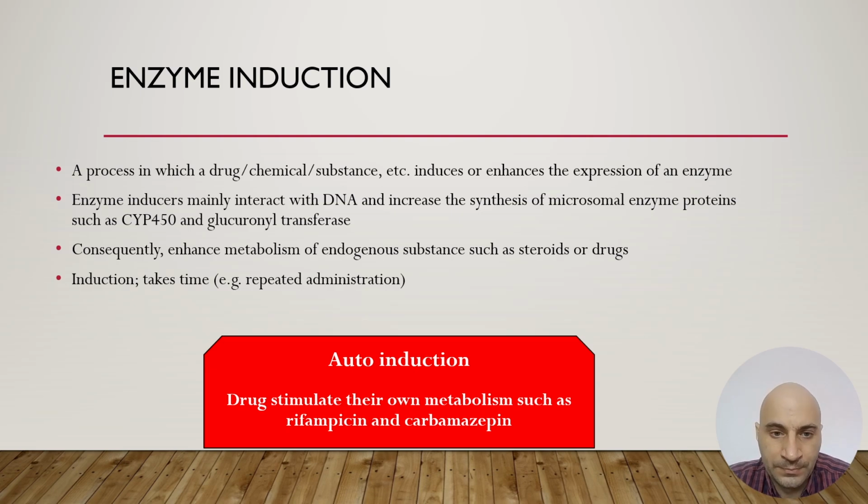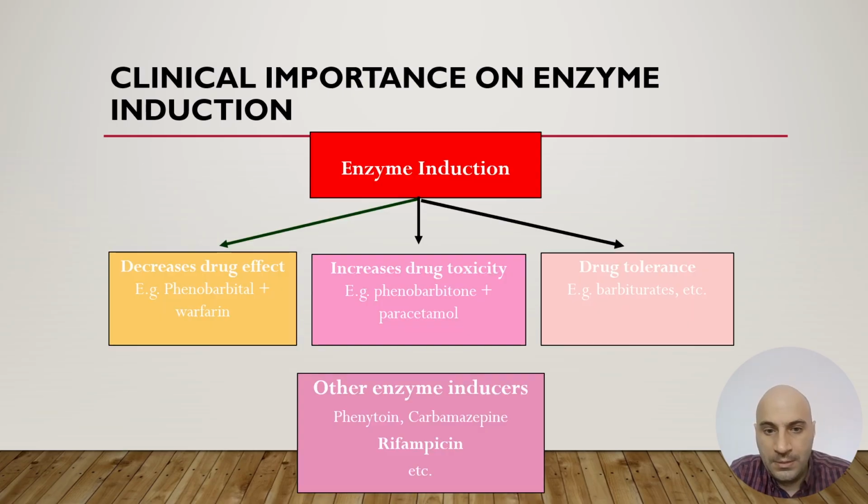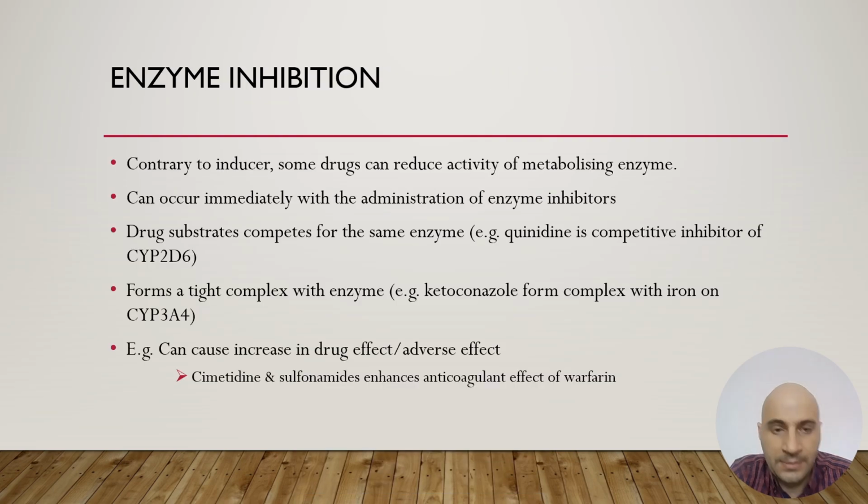Enzyme induction can happen in genetic pathways. It is slow, it takes time, and is difficult to spot. Drugs can induce the metabolism of other drugs, causing them to fall below therapeutic dose, which leads to decreased effect, increased toxicity.